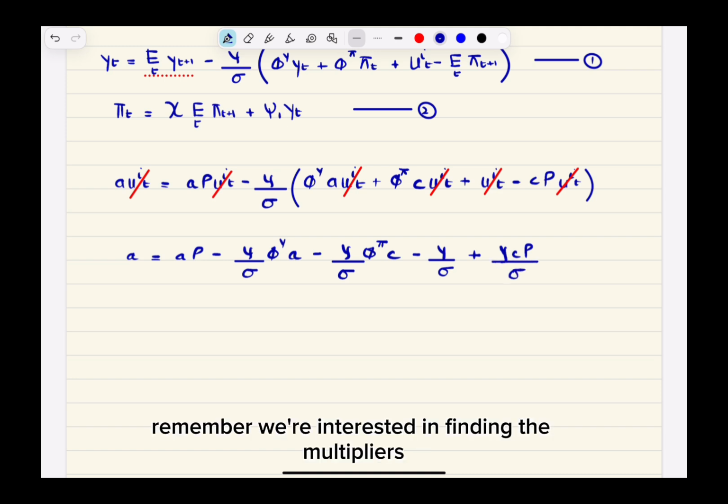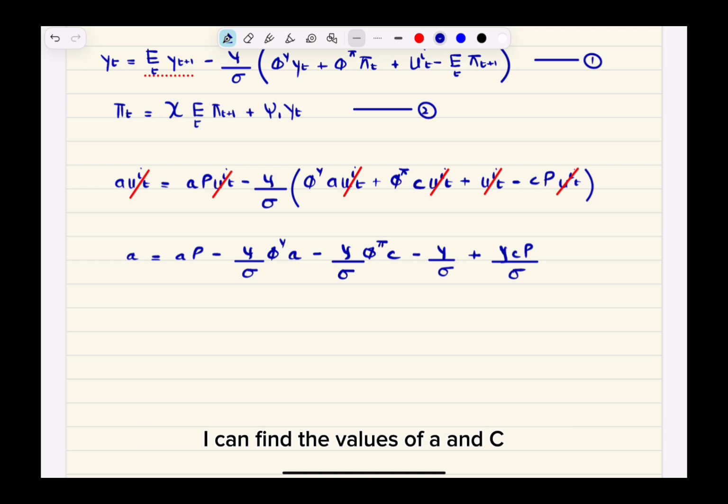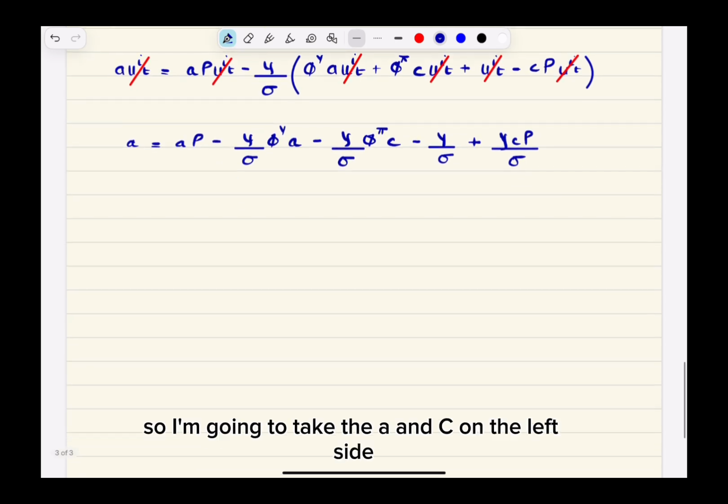Okay, remember we are interested in finding the multipliers, so I want to form a matrix in which I can find the values of a and c. So I'm going to take the a and c on the left side.